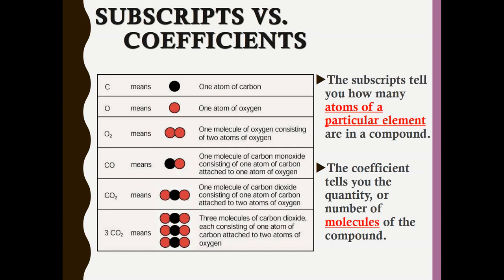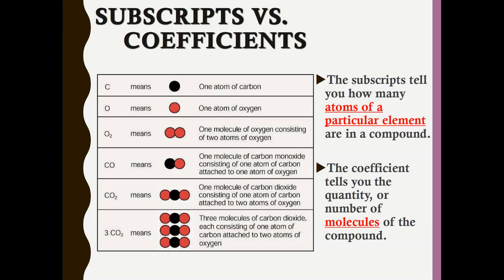So when you add coefficients, there is a difference between the coefficients and the subscripts. Every number that you have seen on the previous slide in the front of the elements are the coefficients, but the numbers at the bottom, for example, when you see aluminum oxide, it says Al2 and O3.